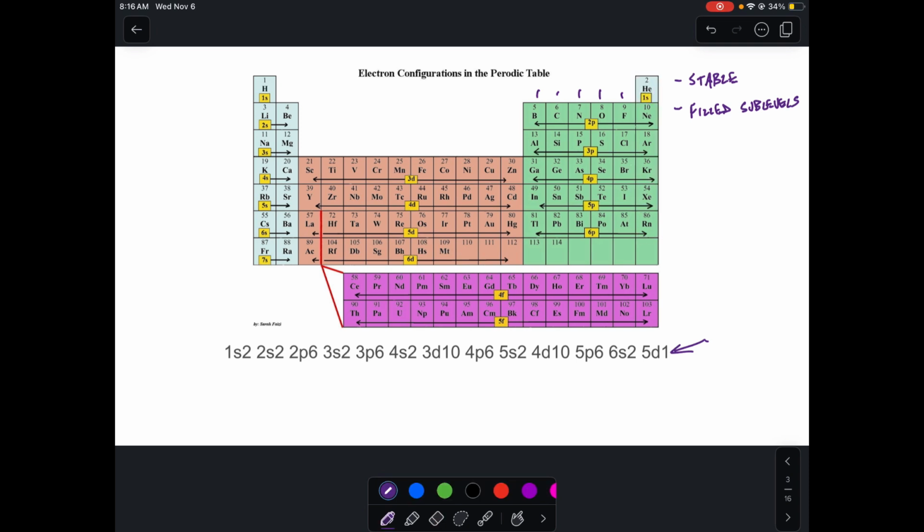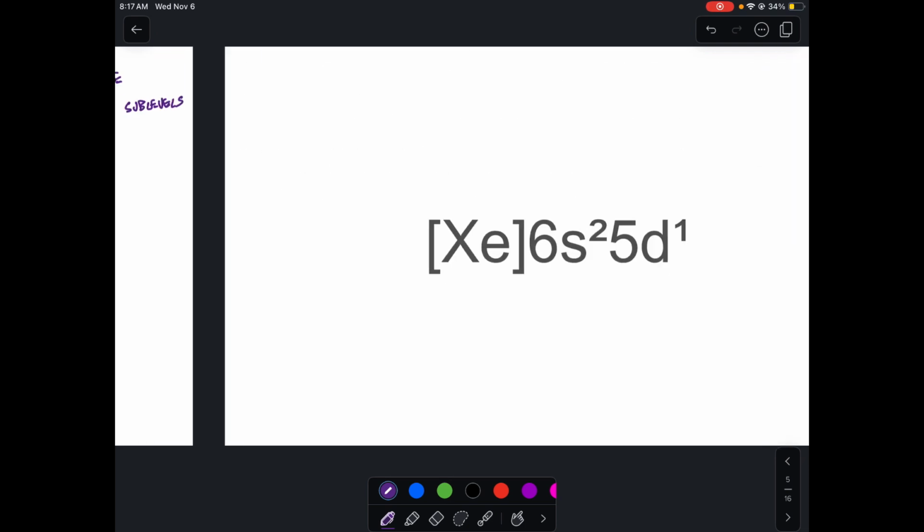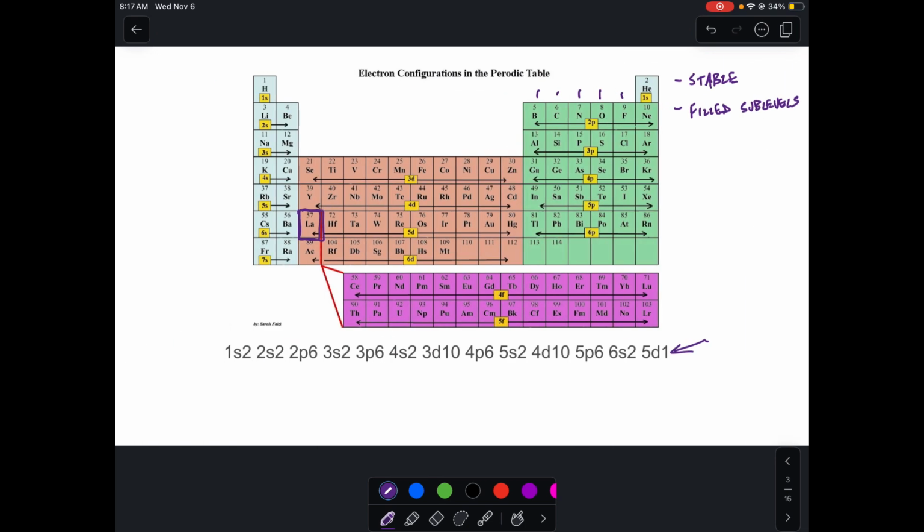So looking at lanthanum right here, how we're going to do this is we are going to go up one level and over to find the most previous noble gas. And in this case, it's xenon.